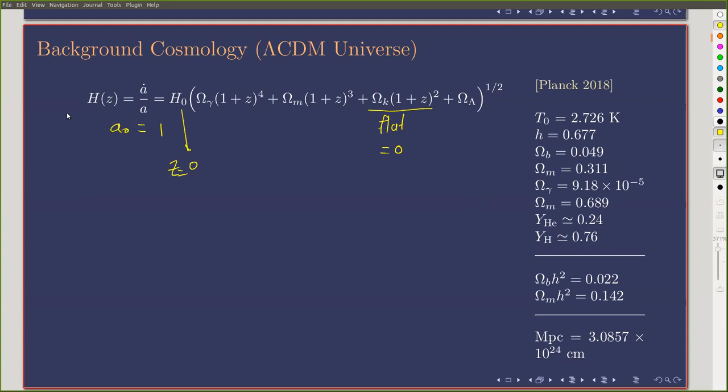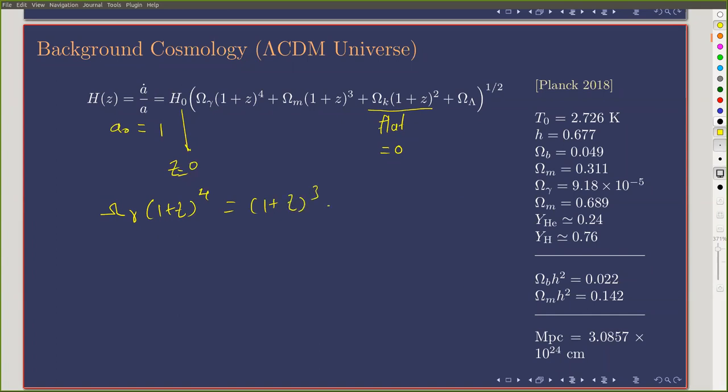Now, for most of the calculations we will be doing for recombination and cosmic dawn, and even the end of the epoch of reionization, certain conditions are fulfilled. For example, we can see the effect of these parameters at various redshifts and compare the radiation with matter.